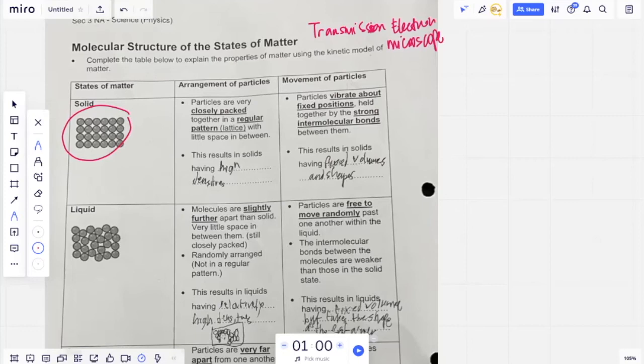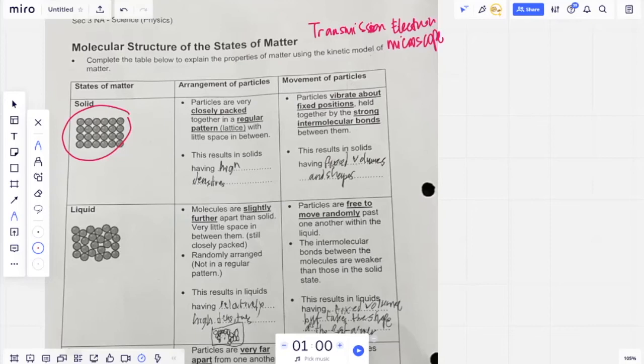If you were to look at them with a very high powered microscope, the image will look similar to the diagrams you have here. The only difference is the diagram is simplified so that it looks very palatable to you.